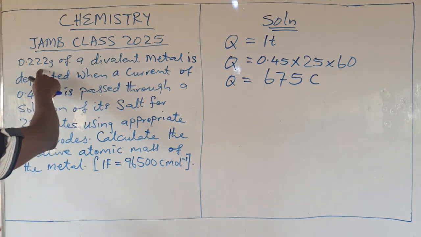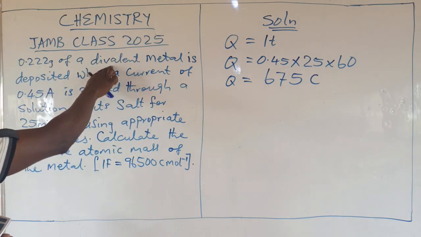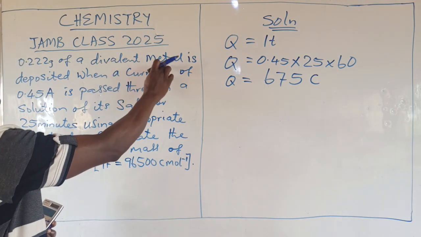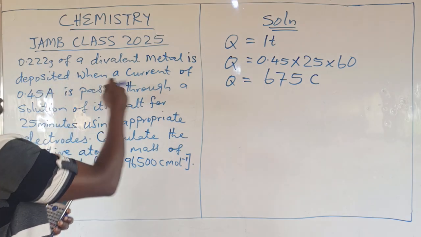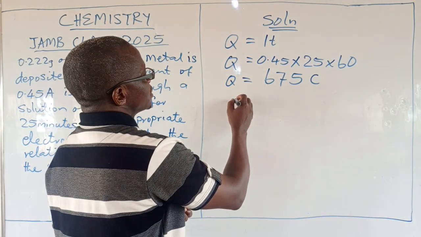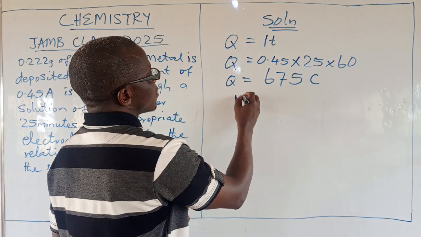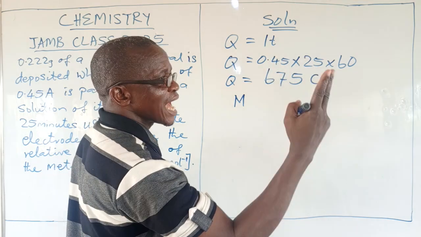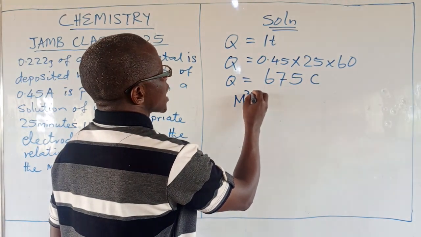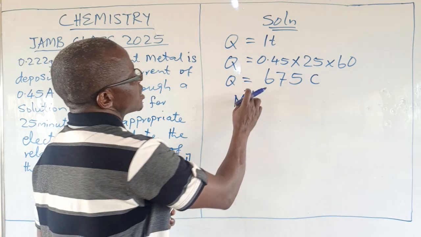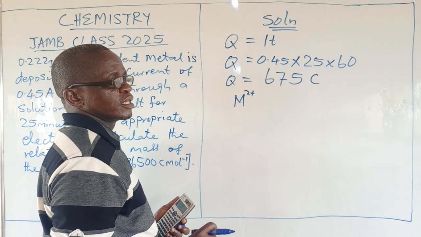Now, they said a divalent metal, but they did not mention the name of the substance. Let my M be the divalent metal. Since they said di, the charge it carries will be 2+, not 1. If they say tri, it will be 3.